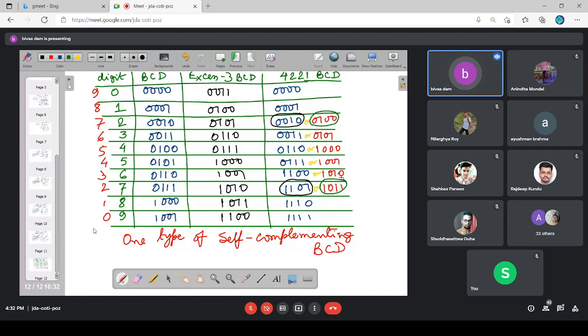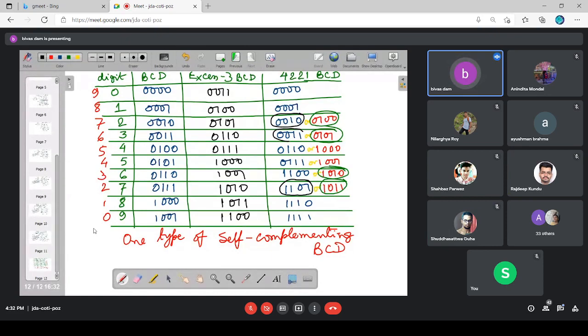Okay? So you can take either of these two options. Similarly, for 3, if I go for 0 1 0 1, what is the 9's complement of 3? 6. I should go for 1 0 1 0 pattern for 6.